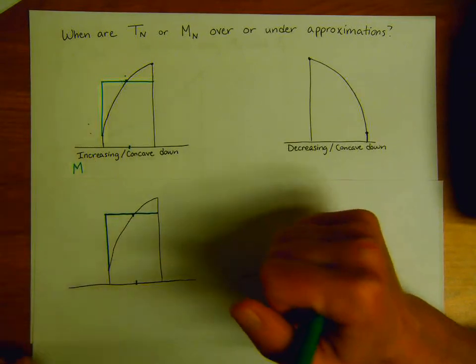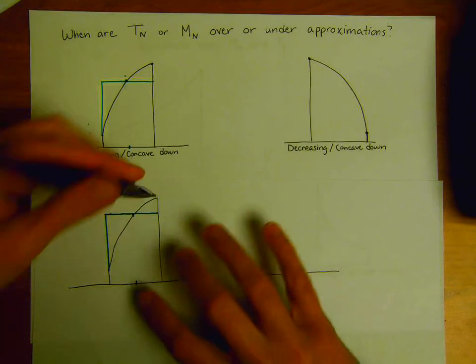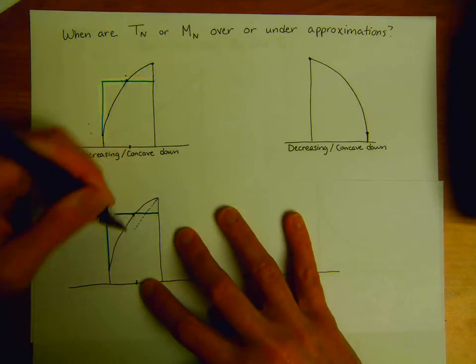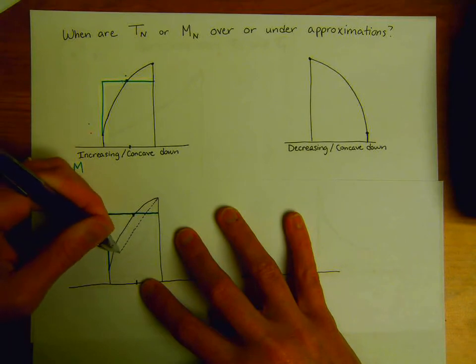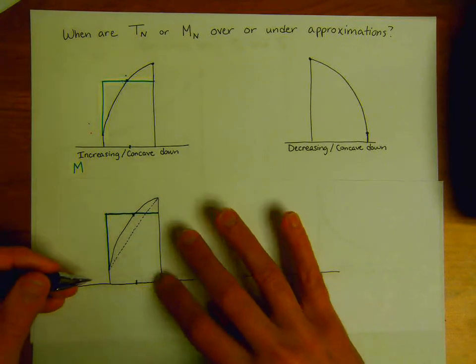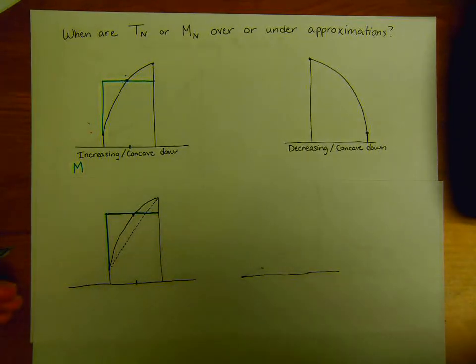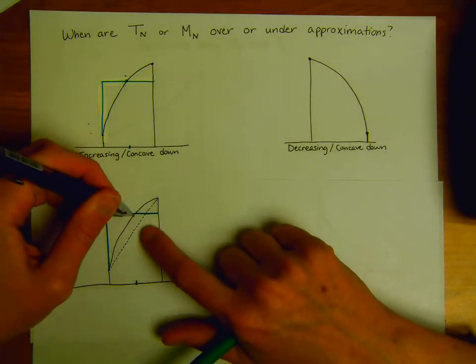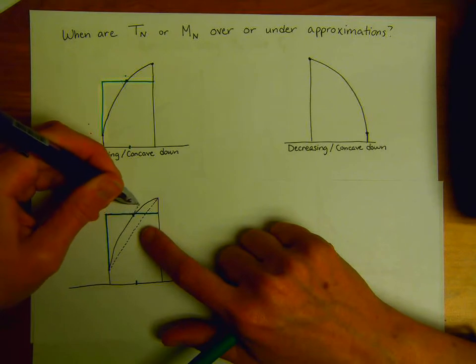So bear with me for a second. What am I doing here? If you think to yourself about the slope of this curve right here, if I wanted to, I could extend this to be sort of the same region.